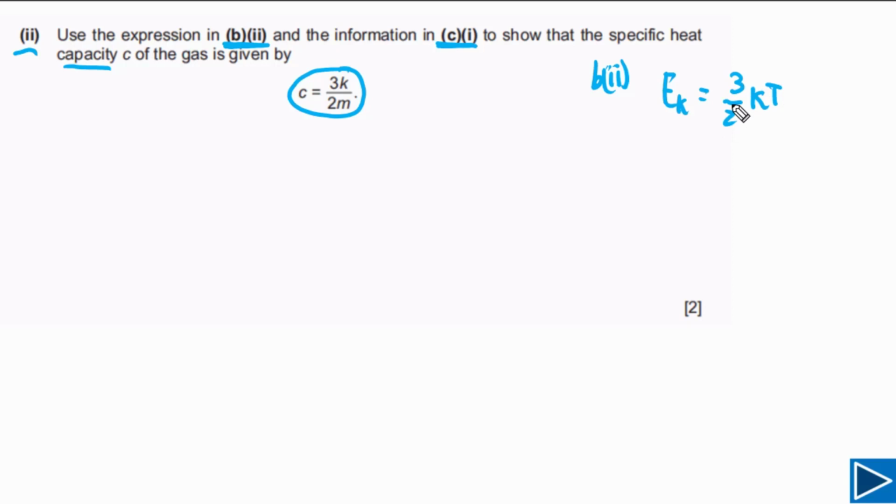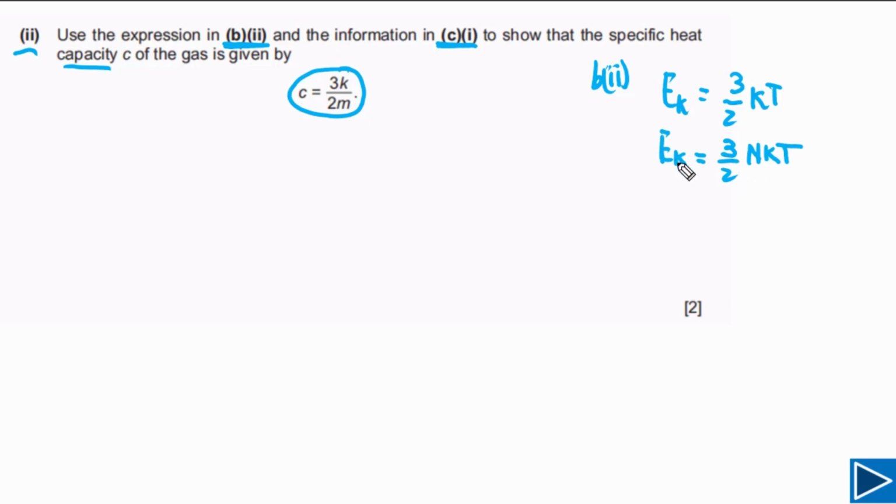If we are talking about the total kinetic energy of a gas, we have to multiply this with the number of molecules, meaning total kinetic energy will be equal to the sum of kinetic energies of all the molecules.